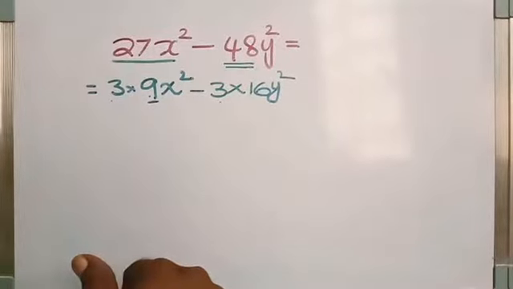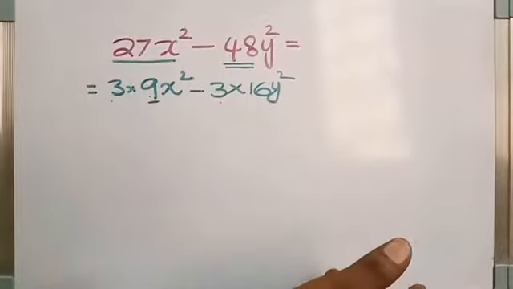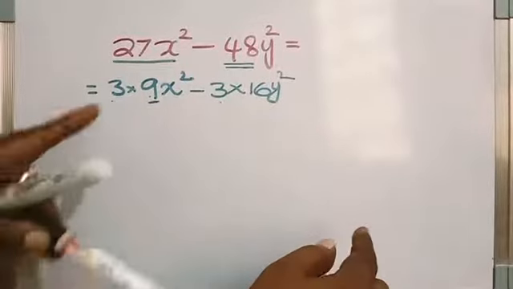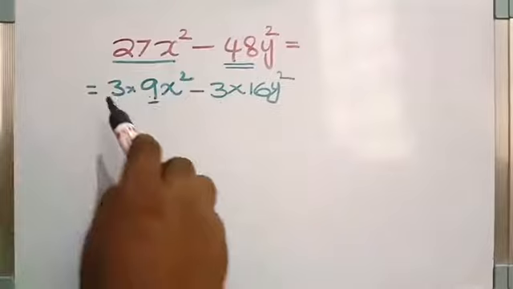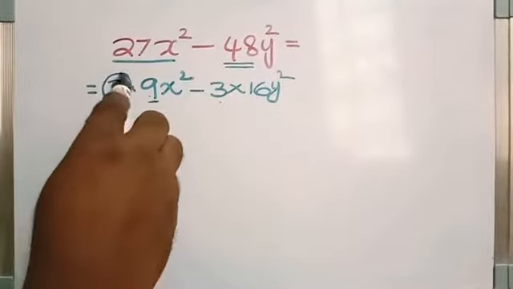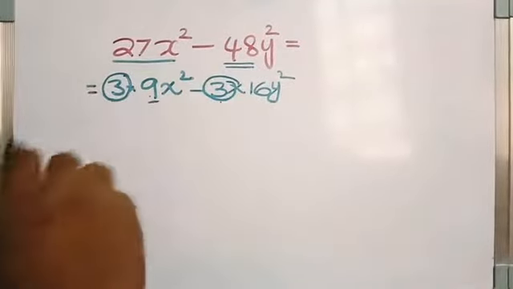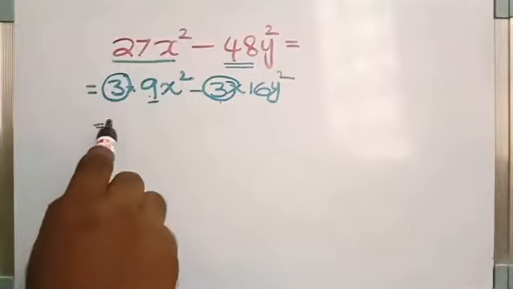We cannot do that. Why didn't we make it as 12 into 4? Because though 4 is a square number, 12 is not a common factor. See, here in the first term we can see 3, in the second term also 3. We can take that 3 outside.